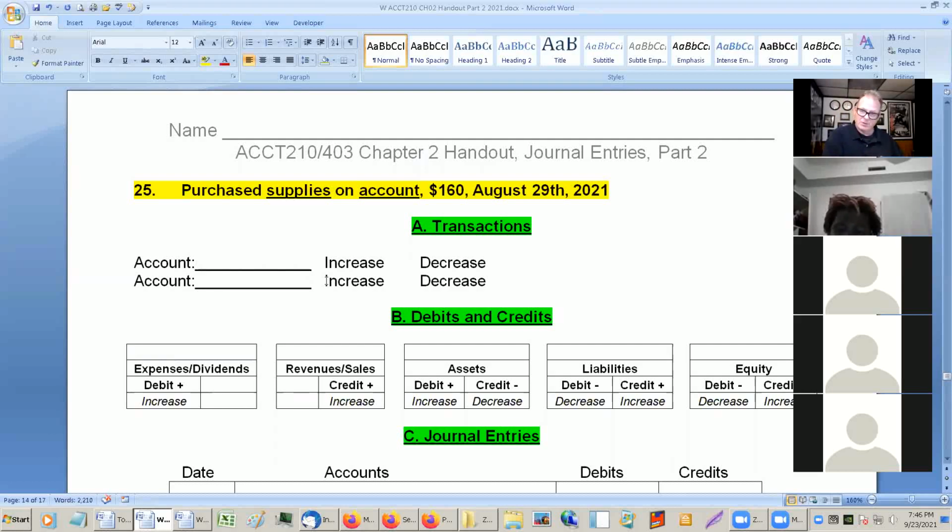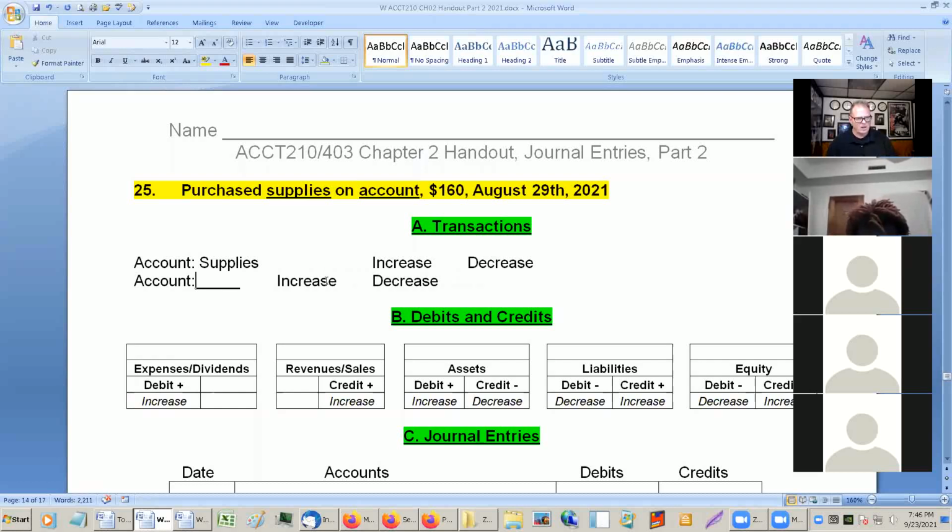As we use it, we then expense it. It will become an expense, it just isn't yet. Yeah, that's going to be accounts payable or AP.